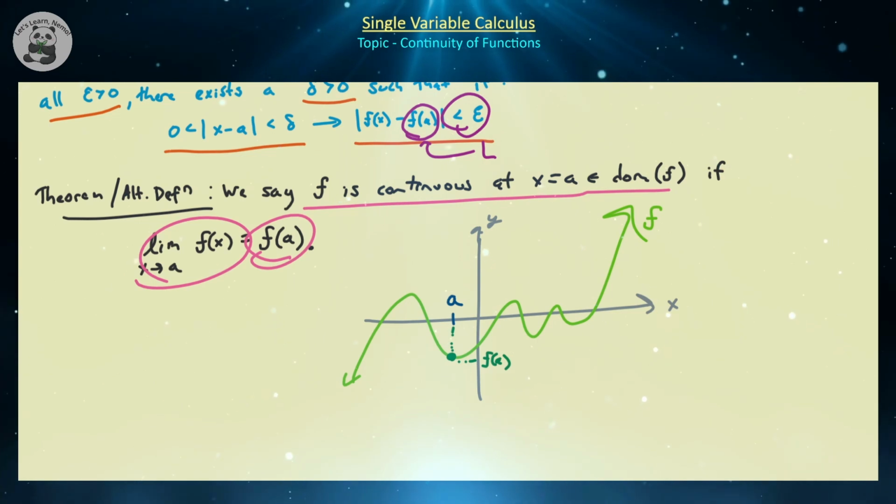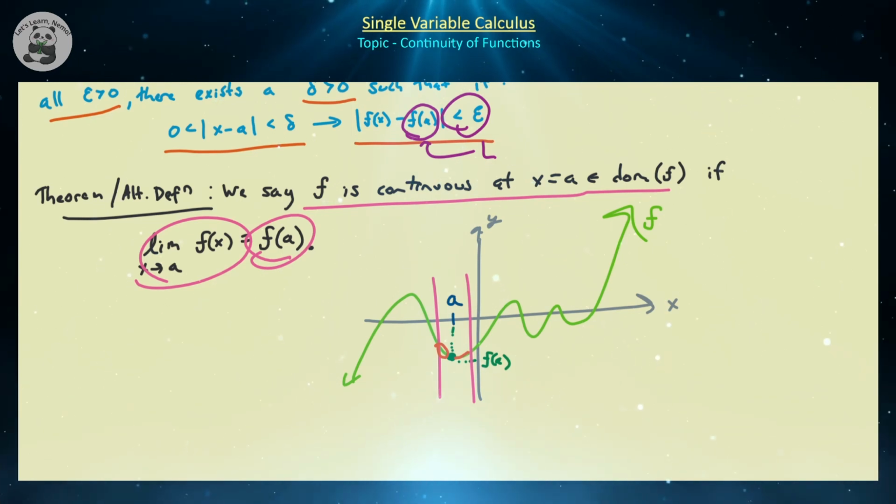So what is happening to the limit as x gets close to a from the left? Well, obviously, as we choose an arbitrarily small neighborhood around a, we can clearly see that the values on the left-hand side are going to get closer and closer to a. The values on the right-hand side are also getting closer and closer to a, obviously at different speeds, possibly different values.